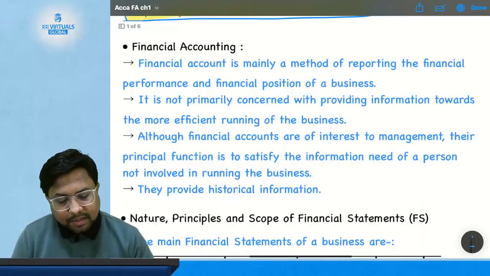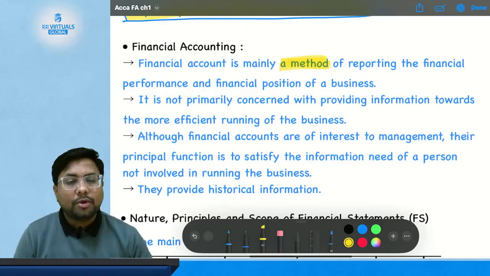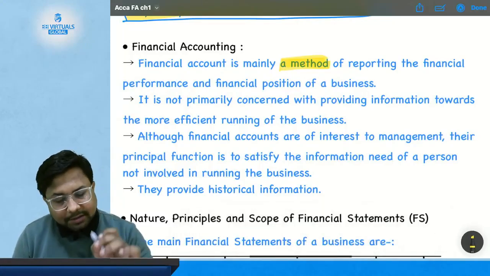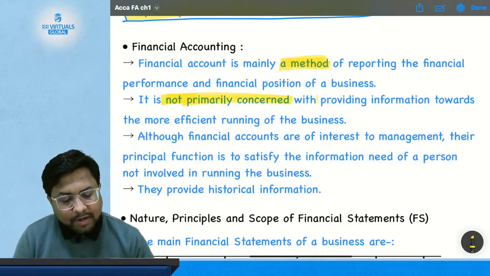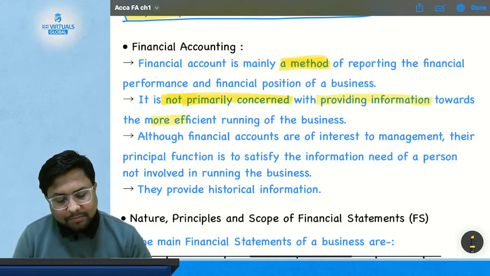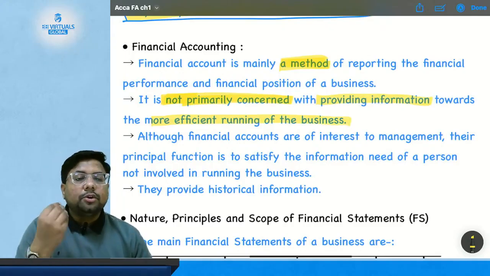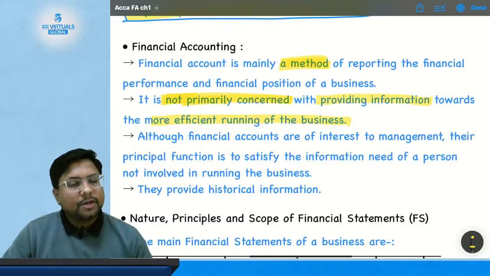Financial accounting is mainly a method of reporting the financial performance and financial position of a business. It is not primarily concerned with providing information towards more efficient running of the business. So it is not a duty of financial accounting to provide information for the most efficient running of the business.